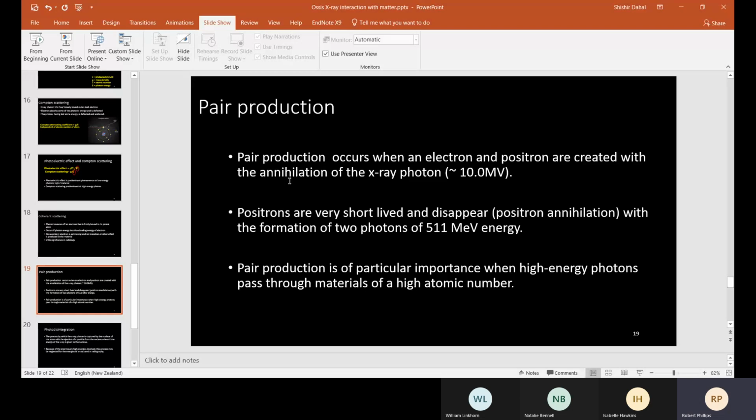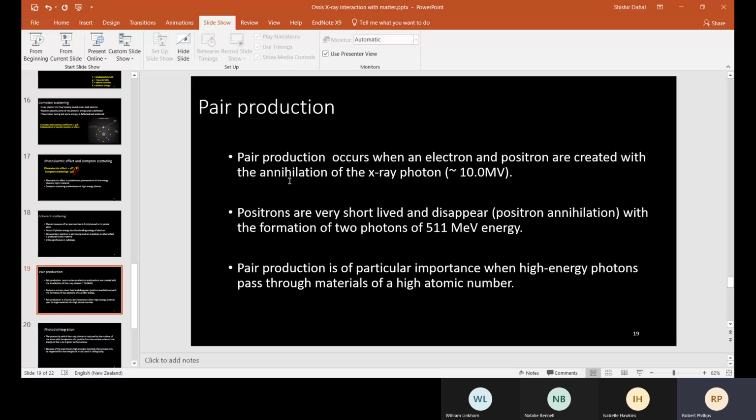What happens in pair production is, as the X-ray photon approaches near the nucleus of the atom and interacts with the nucleus, the photon energy changes into matter. Energy changes into matter.